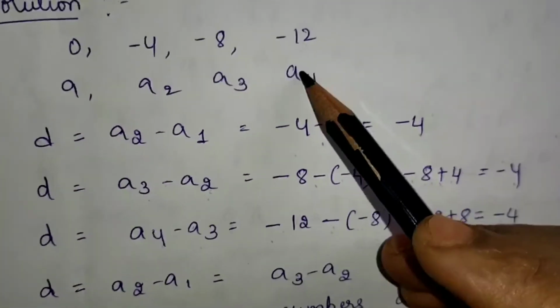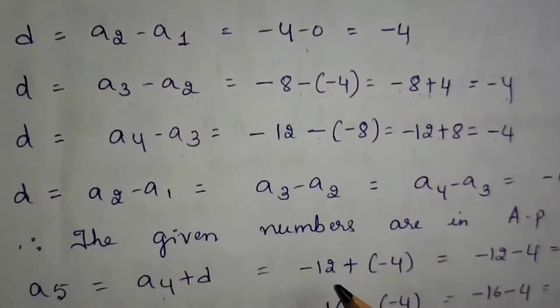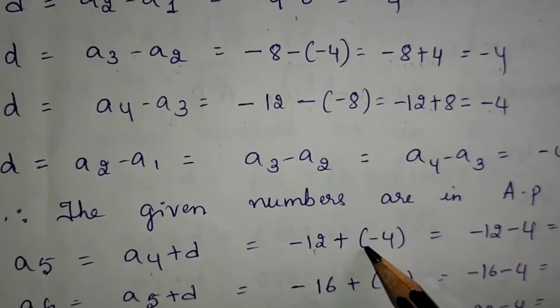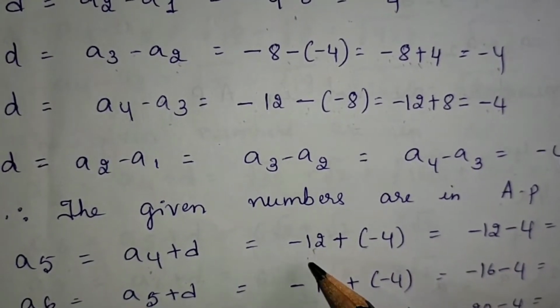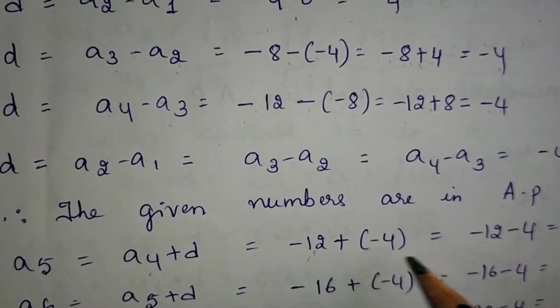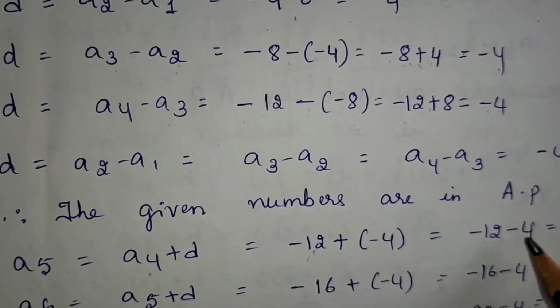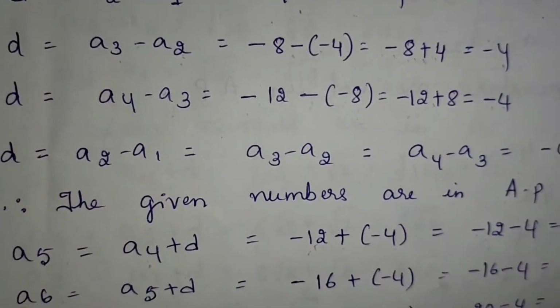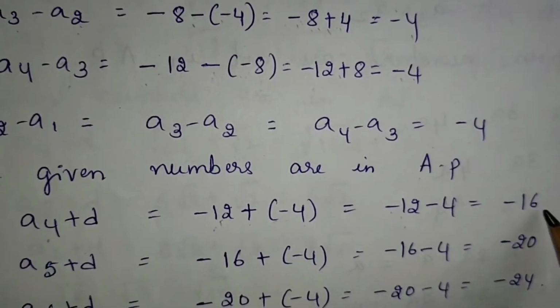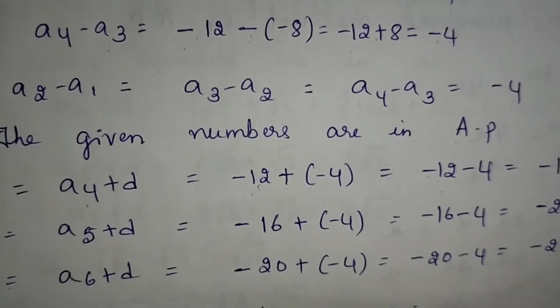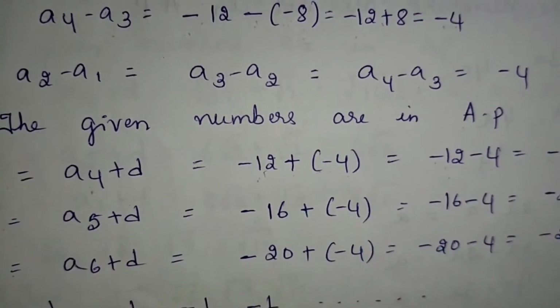Here the fourth term was minus 12. Add minus 4 to minus 12. Minus 12 as it is, plus into minus is minus 4. Minus 12 minus 4 is minus 16, which is the fifth term of the AP.